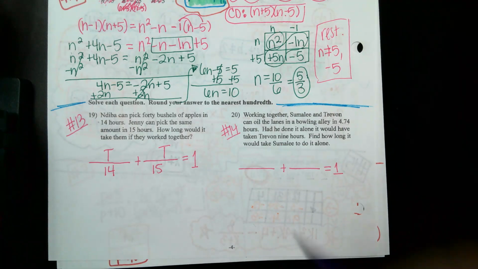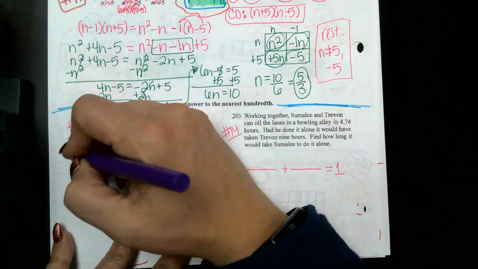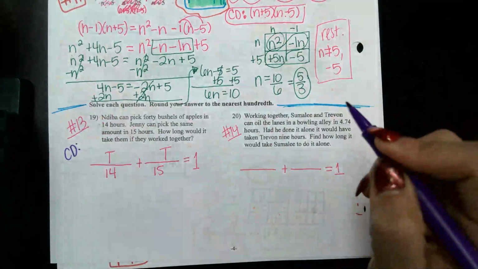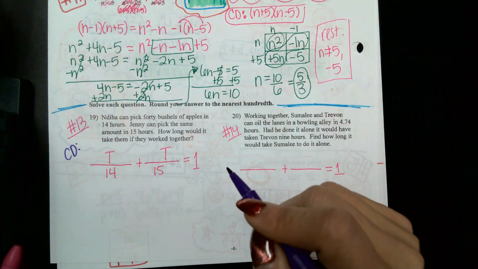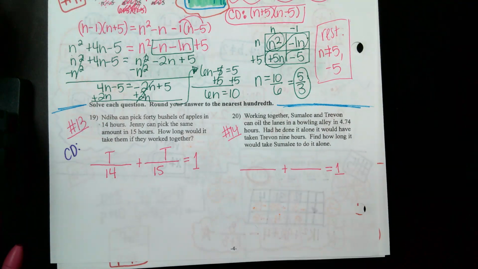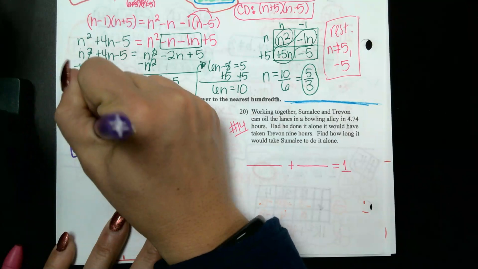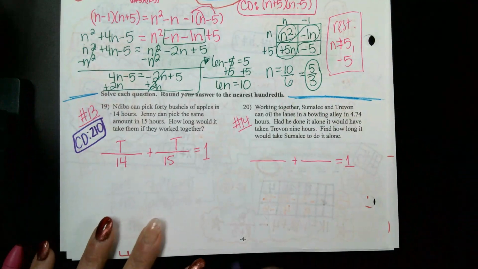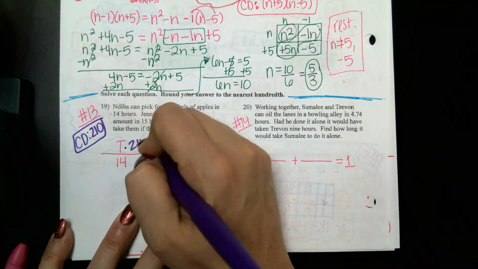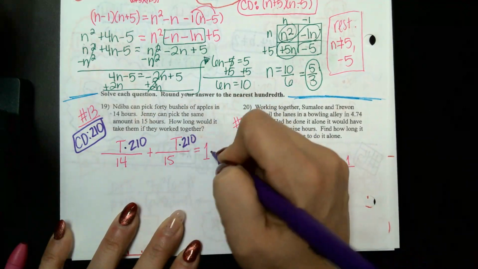Okay, how do we find our common denominator? Yeah, it is 14 times 15, 210. Okay, so this is all you do. Times 210, times 210, times 210.